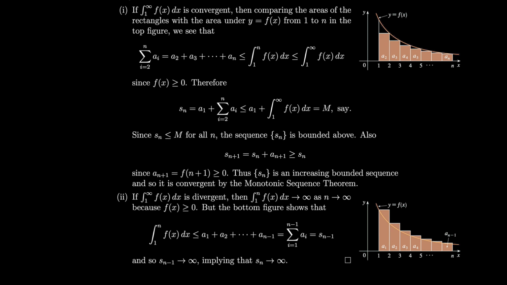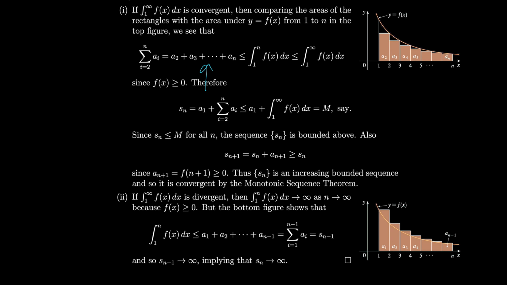Then we can write that the partial sum in general is equal to everything from 2 on, as long as we add that initial term that we didn't have. So that is bounded by the integral plus that initial term. We basically just add a_1 to both sides of this inequality.